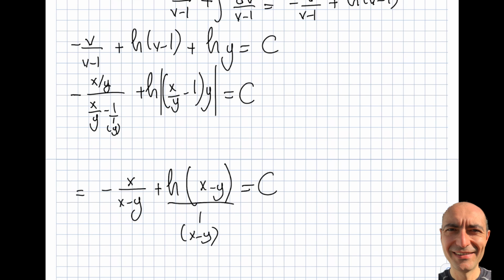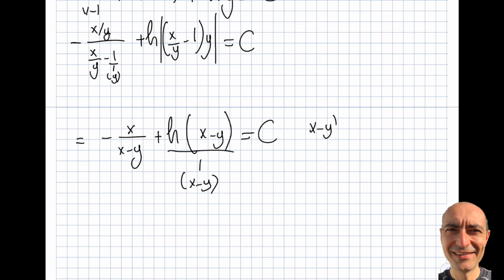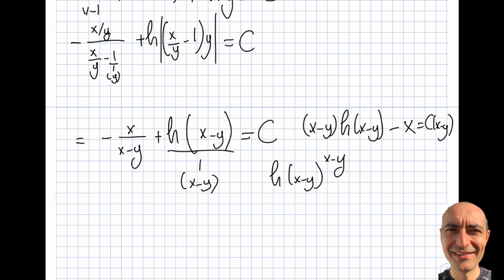I have to multiply this by x minus y, and I get x minus y times ln of (x minus y) minus x is equal to c times (x minus y). Then I can do maybe one more step: ln of (x minus y) to the power of (x minus y) minus x is equal to c times (x minus y).